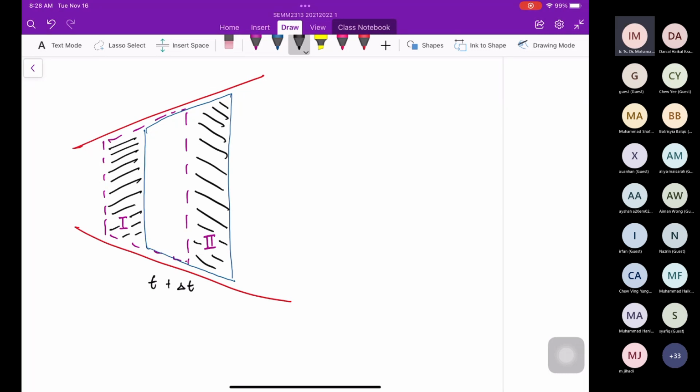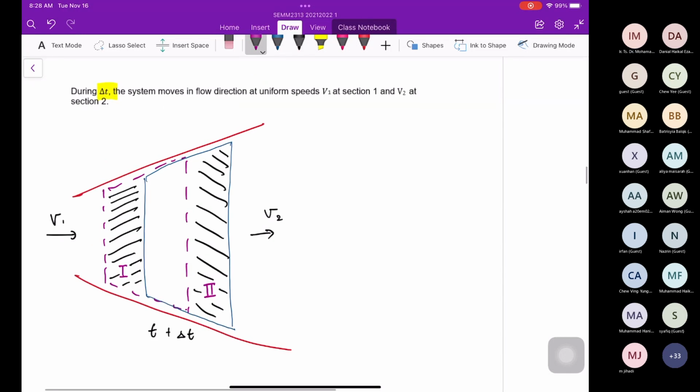Alright, the fluid will still move from V1 to V2. So I would like to highlight, region 1 is the region uncovered during delta T, the region uncovered by the fluid system.